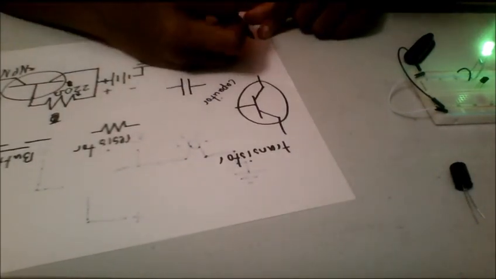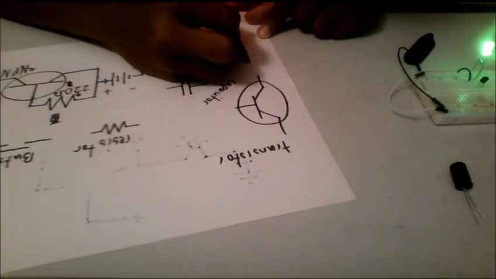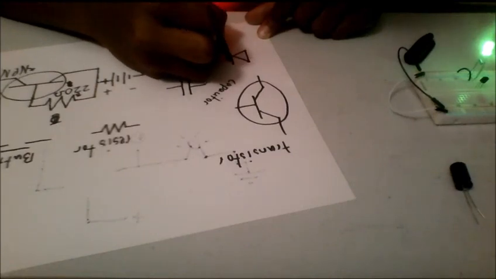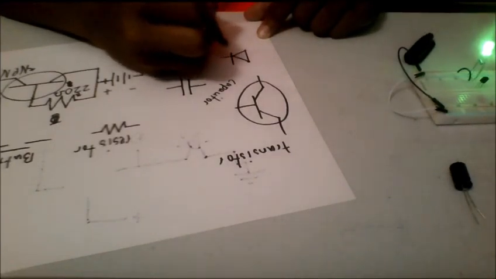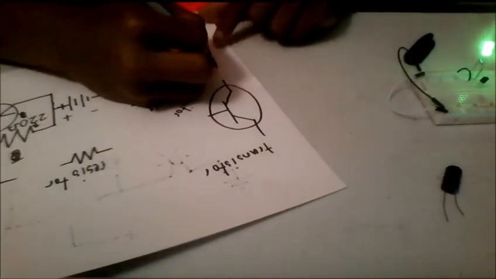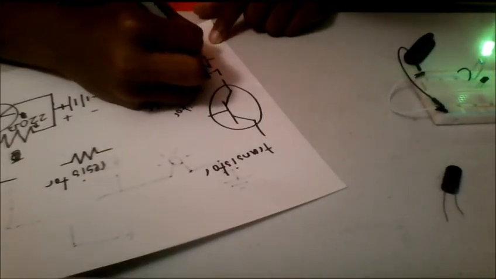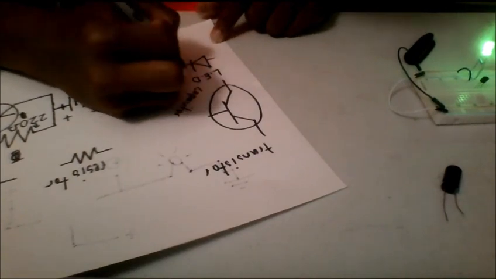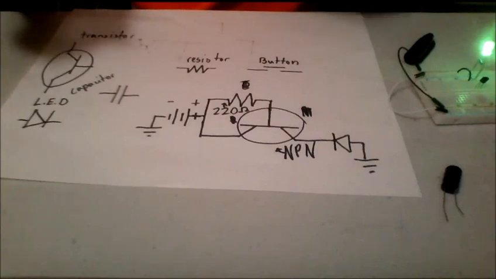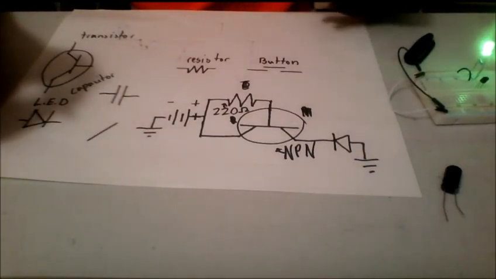And LED looks like this. That's an LED. And just a wire looks like a line.